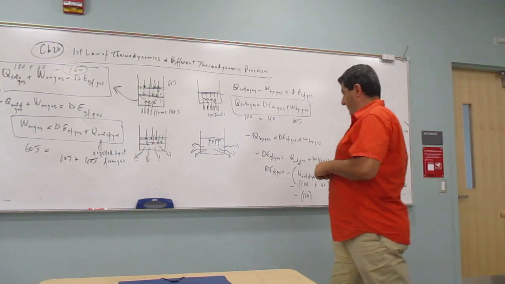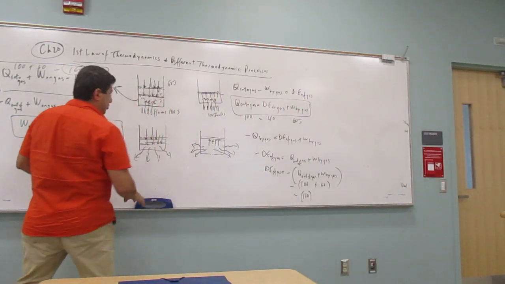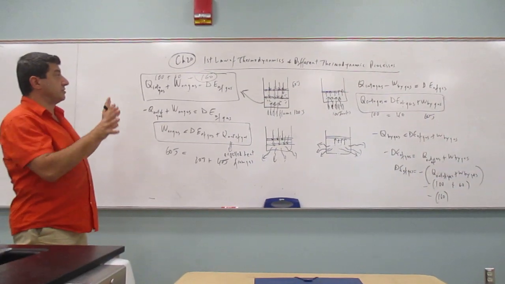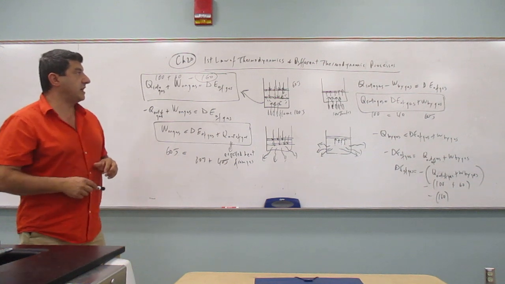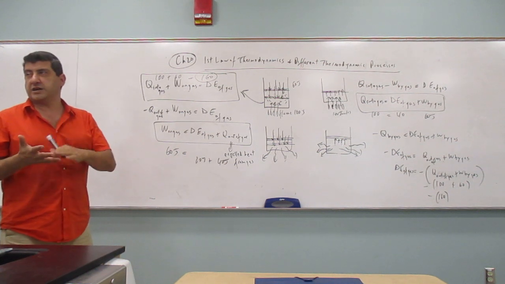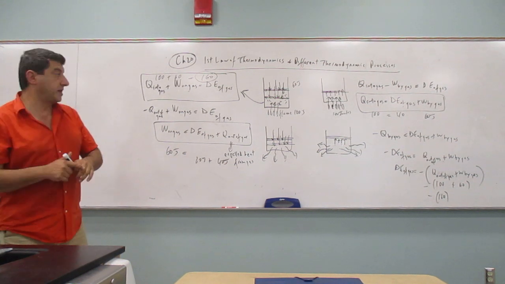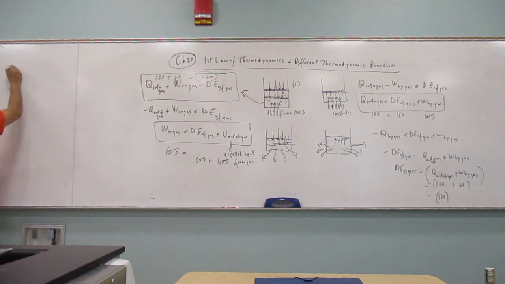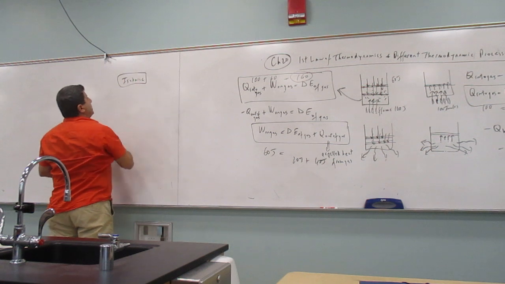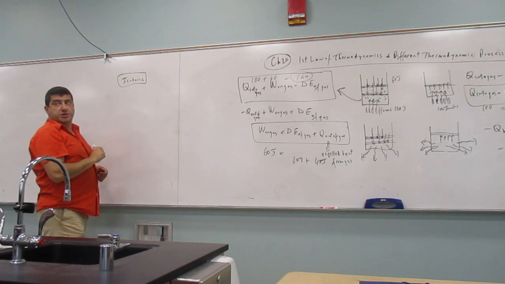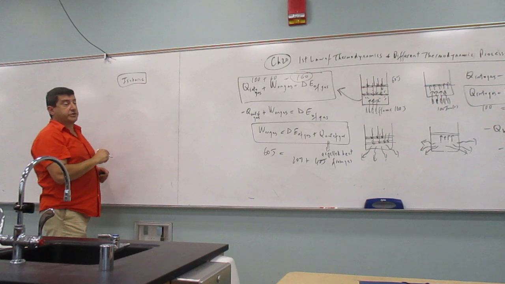So, yeah, those are like the four major and general ones. Then there's specific different types of processes that we can take, known as isobaric, isothermal, and isovolumic. Isobaric means allow the gas to expand or contract at constant pressure.